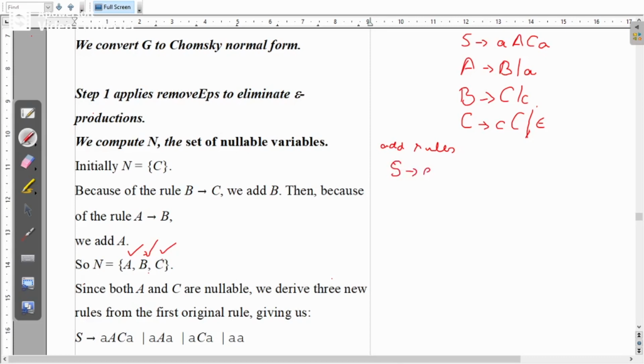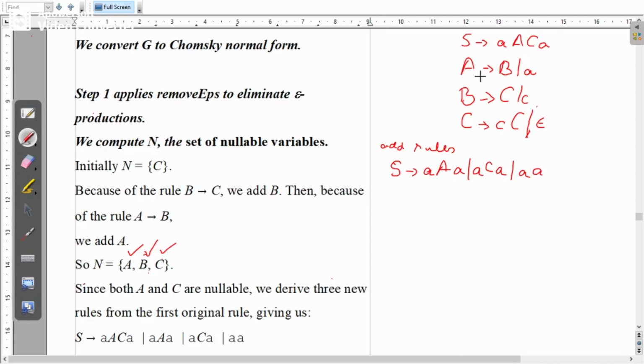S gives A, because once you make A nullable, consider once C as nullable, and after considering each one as nullable, consider both as nullable. See what you're getting. This will give you A, CA also, and finally AA. So these are the three rules I can add to this.